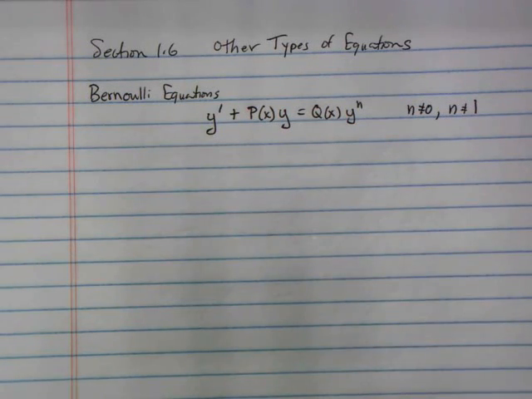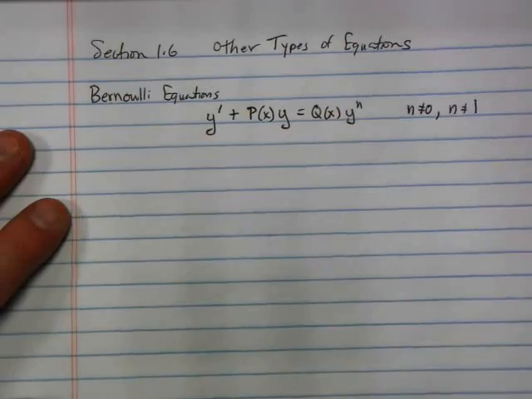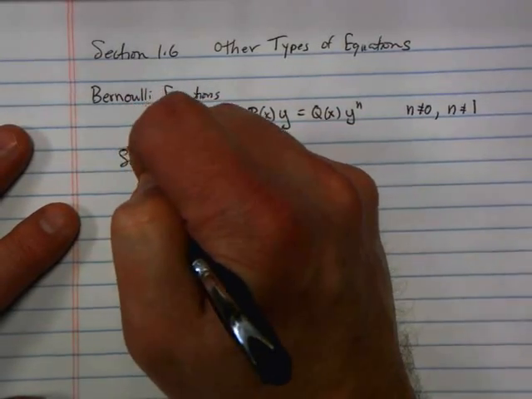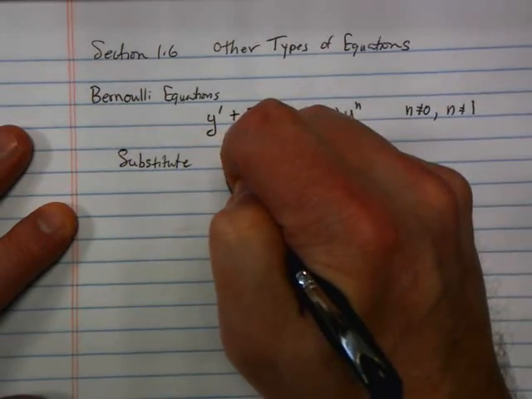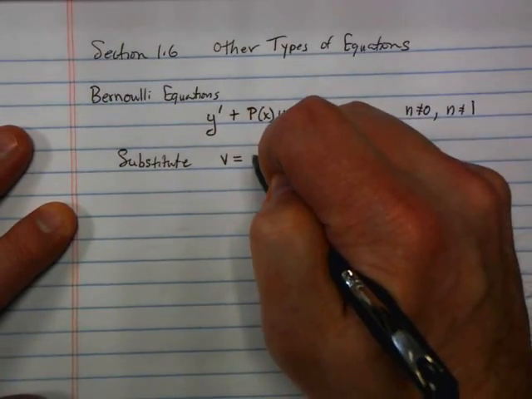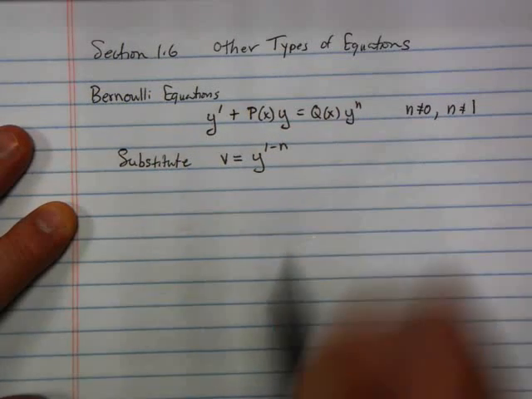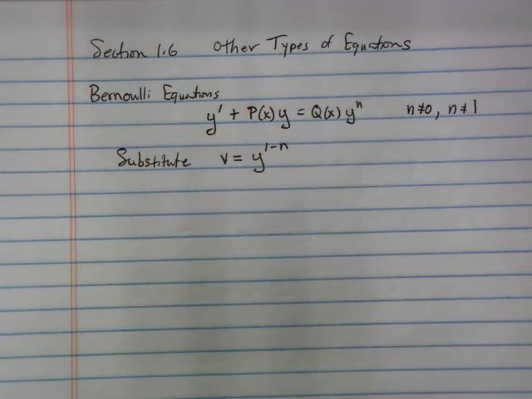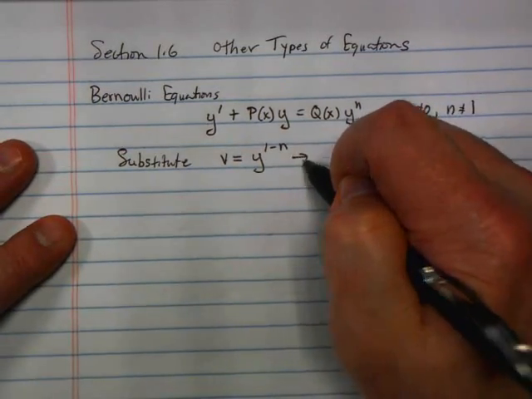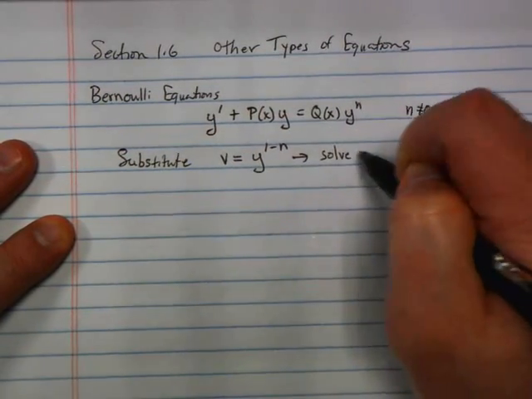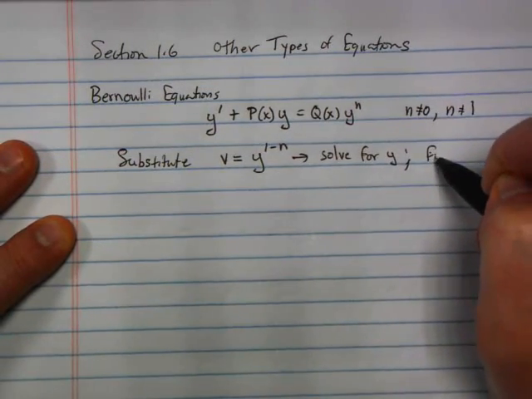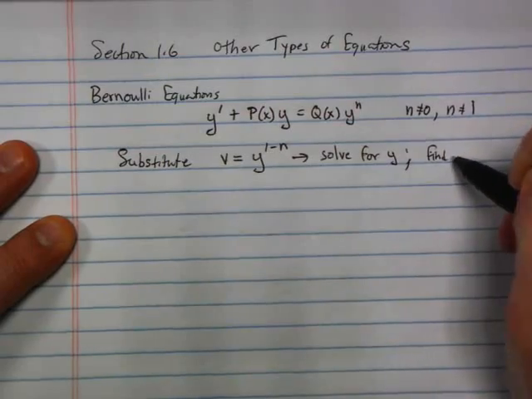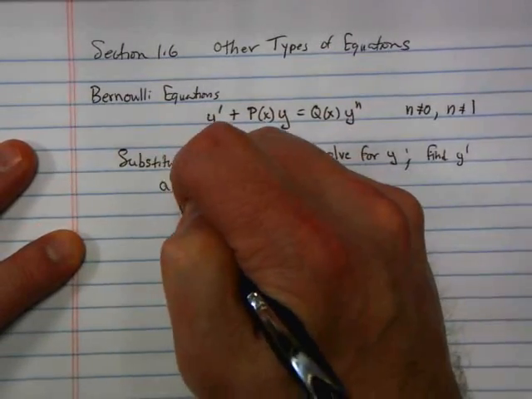All right, so what you're going to do for a Bernoulli equation is make a substitution. You're going to substitute in v equals y to the 1 minus n. You'll solve for y, and then you'll find y prime and plug into the equation.